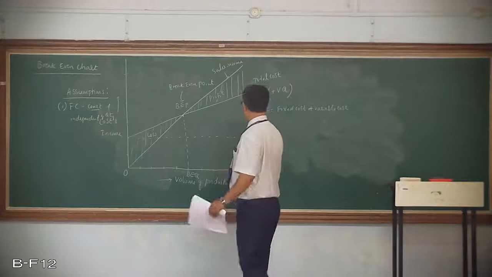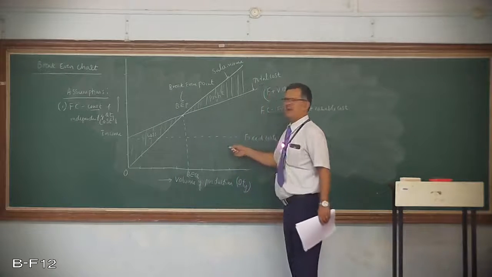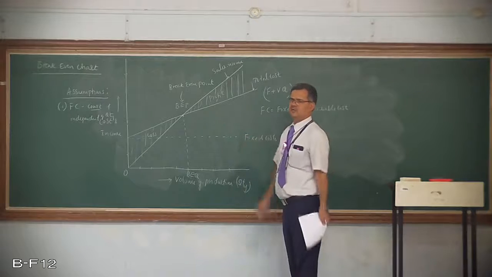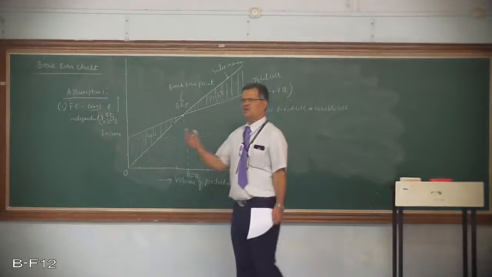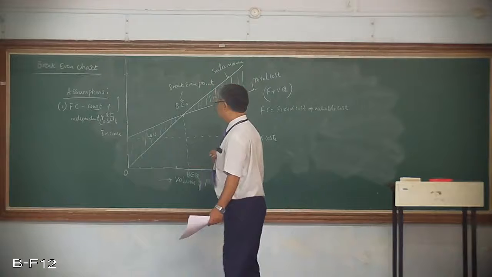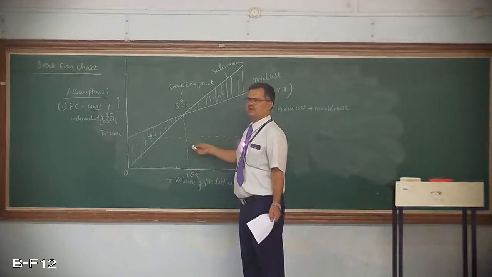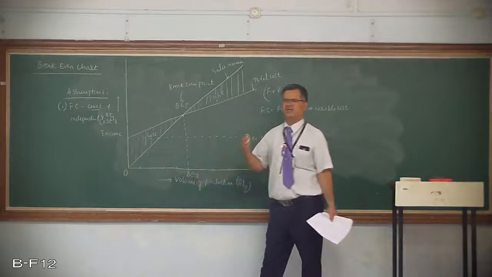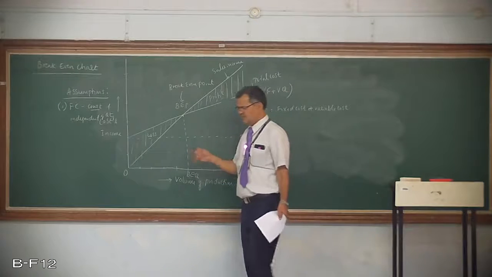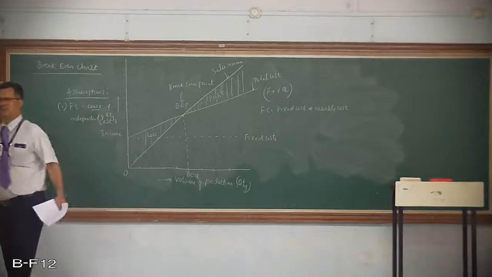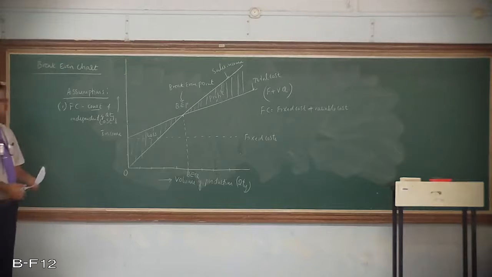This fixed cost remains fixed because you have a plant. The plant has the capacity to produce so much quantity, maybe 100 units per minute, but it may be unable to because there is no demand, so they manufacture only around 10 units, or they may not have skilled laborers or the required equipment, even though the plant is so big.